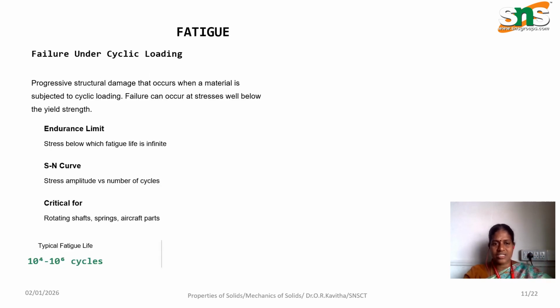The next one is fatigue. Whenever we apply cyclic loading, progressive structural damage will occur, and failure can occur due to that cyclic loading. Studying that is nothing but fatigue.